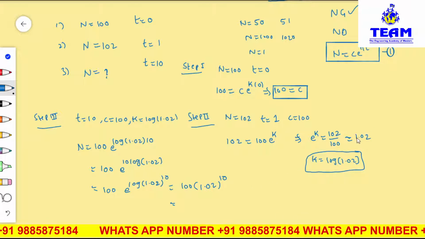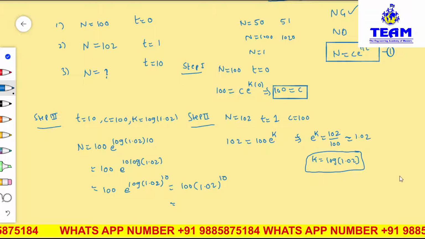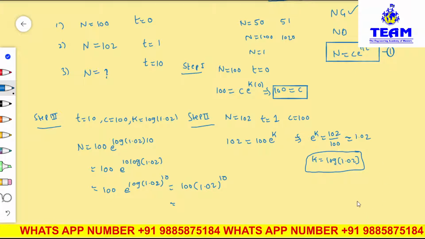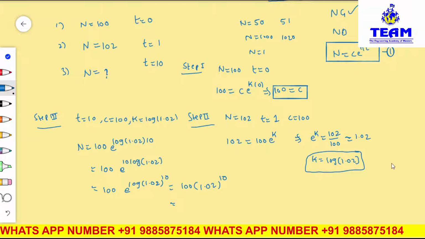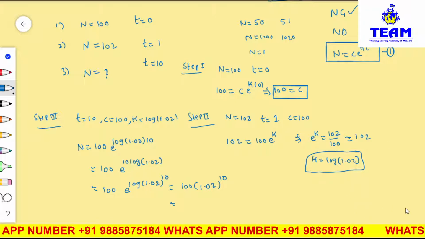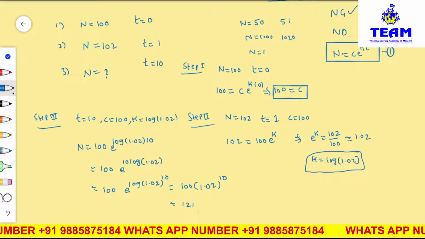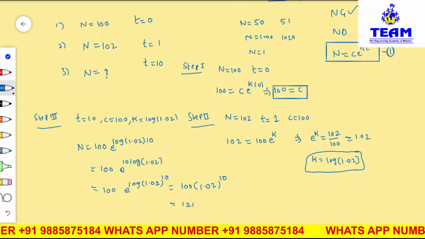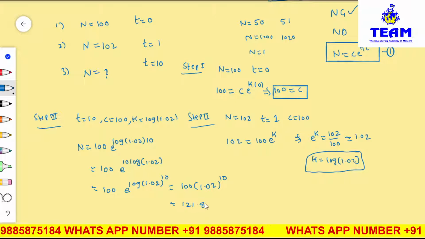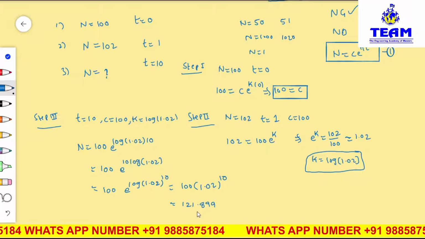Please verify with my answer. 100 into 1.02 to the power of 10. I am verifying, friends. Answer is here we have 121.899. This is after 10 years the substance value.